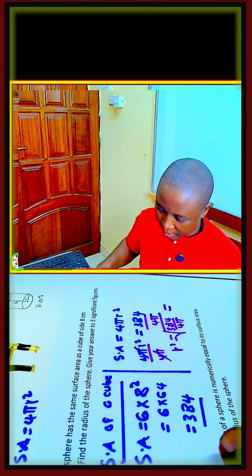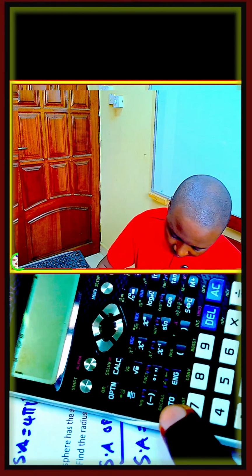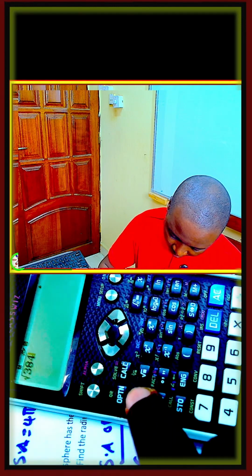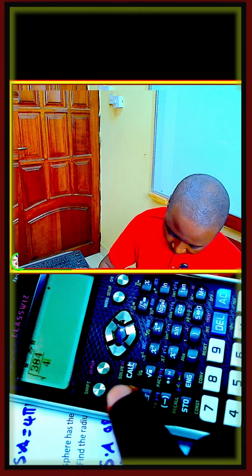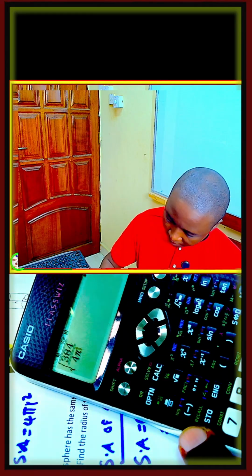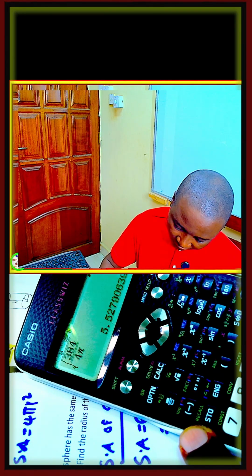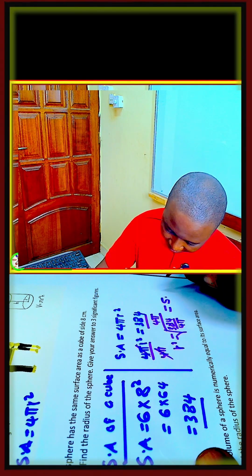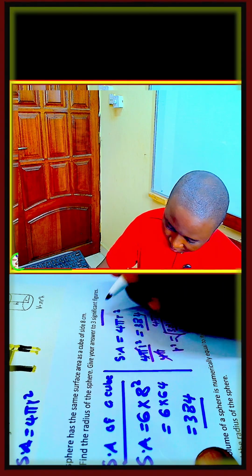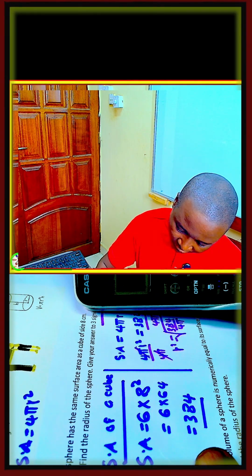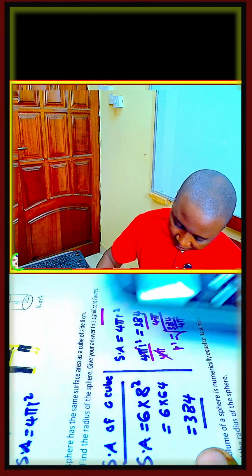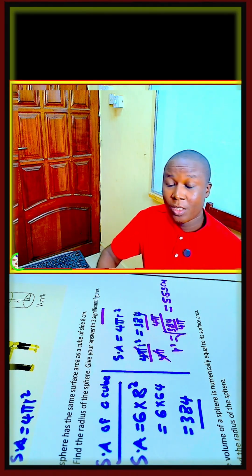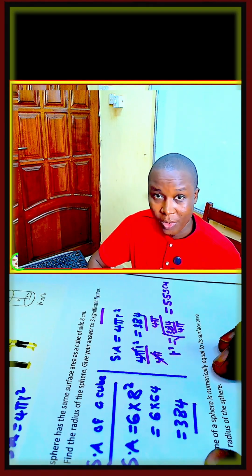So if we work that out in the calculator, that is going to translate to 5.5, but to 3 significant figures it's going to be 5.53 centimeters. Always you have to check in a question which accuracy you are supposed to give your answers.